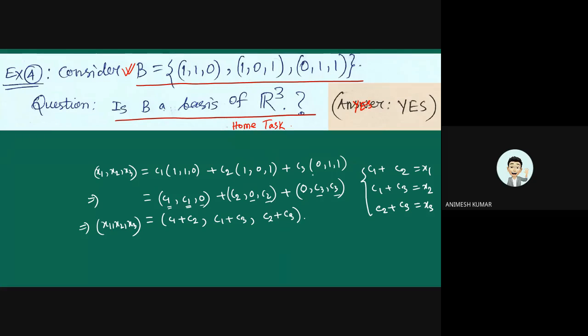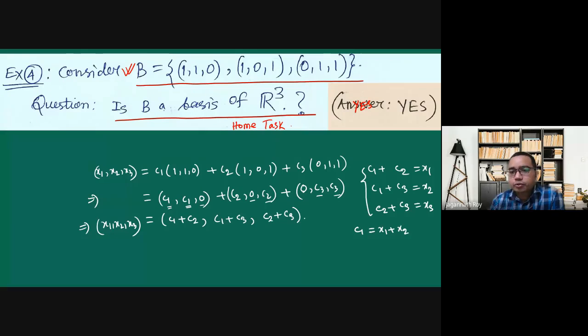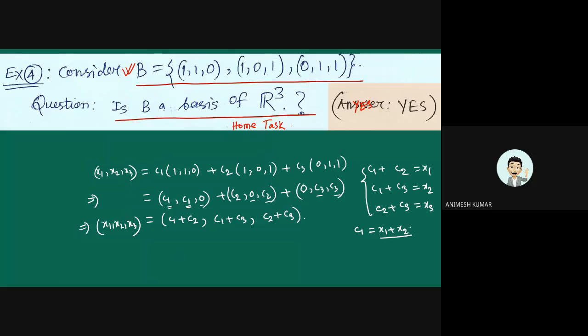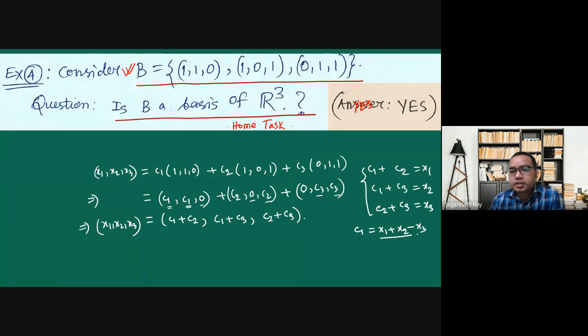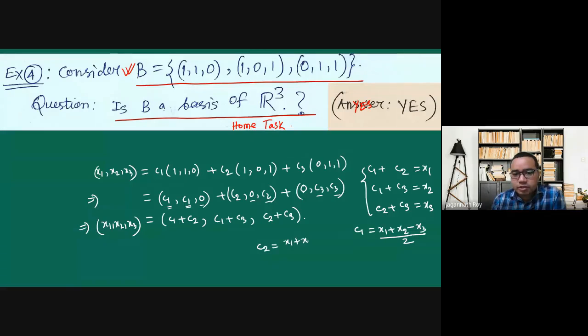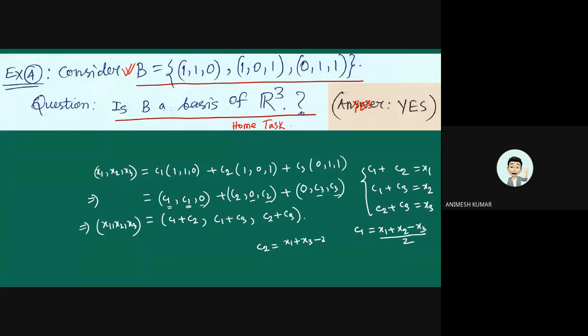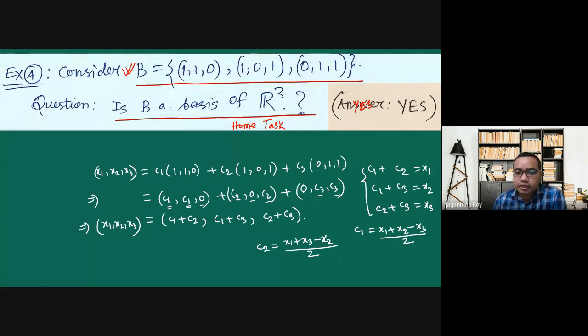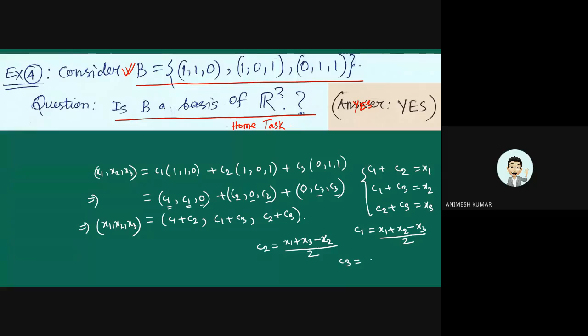Sir, C1 is equal to x1 plus x2 minus x3 upon 2. Similarly, C2 is x1 plus x3 minus x2 upon 2. And C3 is x3 plus x2 minus x1 upon 2.